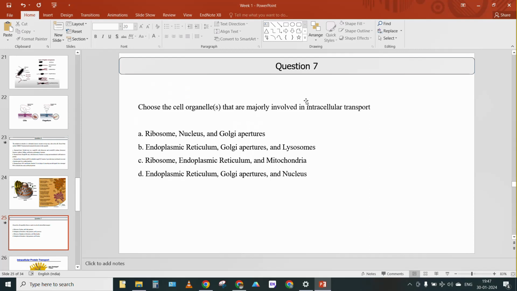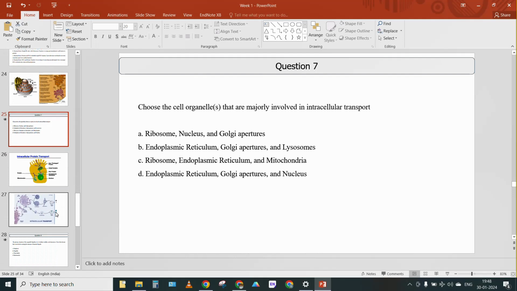Sir, it's the endoplasmic reticulum, Golgi apparatus, and lysosomes. What happens is, from the endoplasmic reticulum, the proteins get transported to the Golgi apparatus, and from the Golgi apparatus, then through clathrin-coated vesicles, they get transported to lysosomes. Lysosomes are also known as suicidal bags.